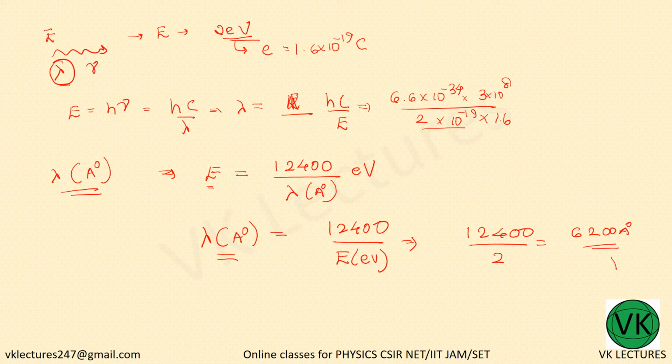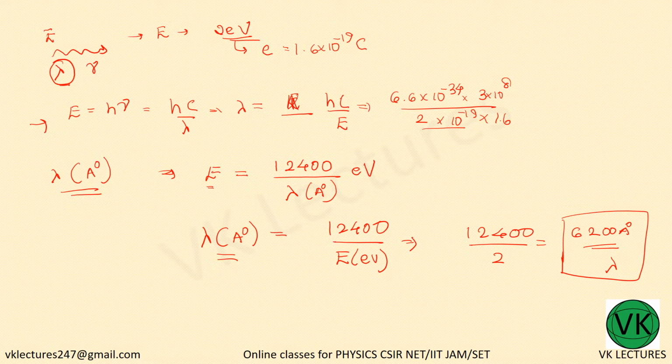Your wavelength is ready within 10 seconds. But with the other formula, even after 5 minutes you are not sure whether it is correct or not. So go with this formula.